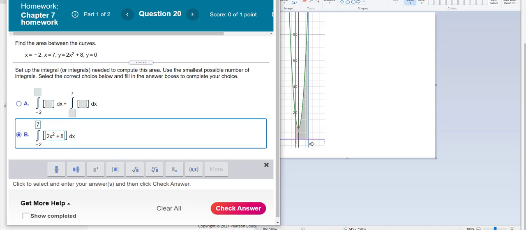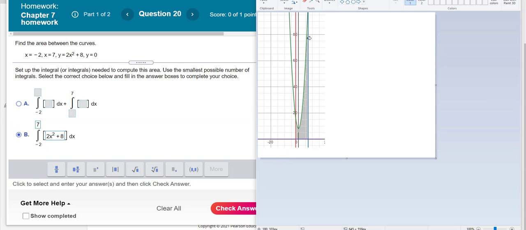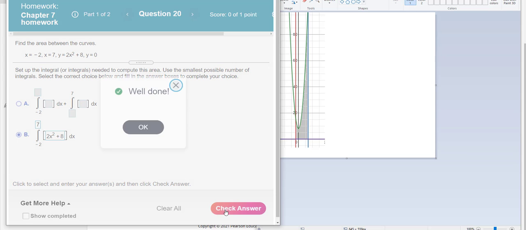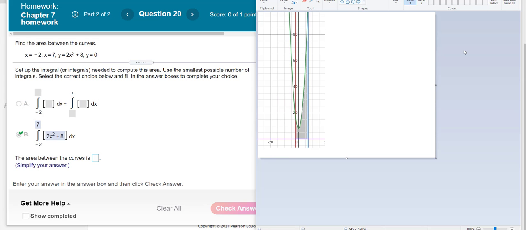Now, there's a whole explanation of why this works. Basically what's happening is that they're calculating the area of little rectangles underneath this curve, and they're making them skinnier and skinnier. That allows us to get a really good answer for the area of the shape. So now I'll go ahead and do the integration. The integral from -2 to 7 of 2x squared plus 8 dx.